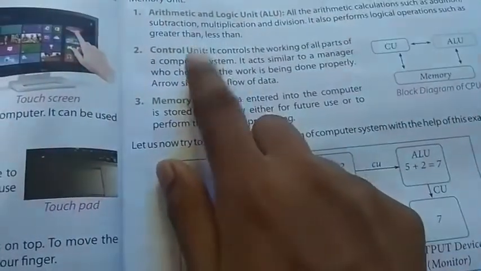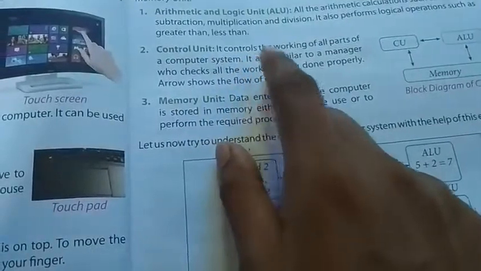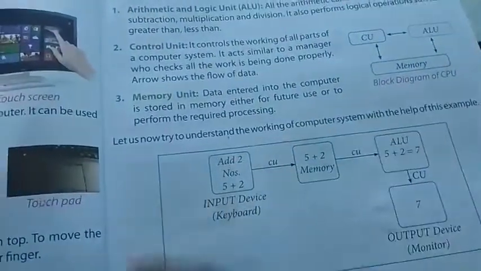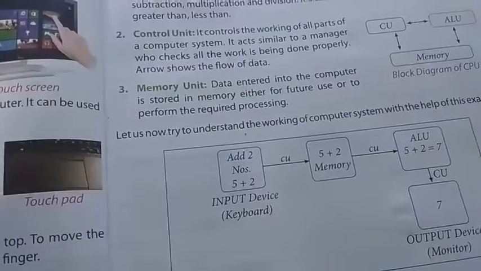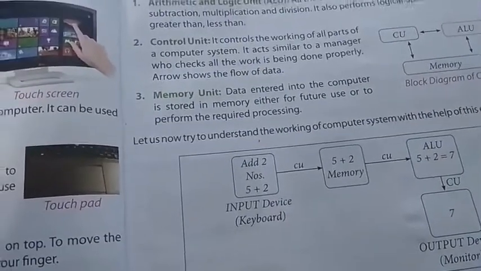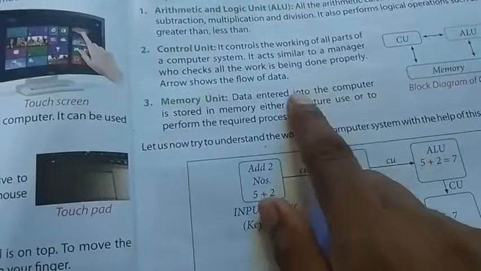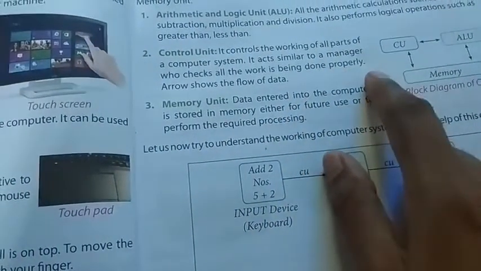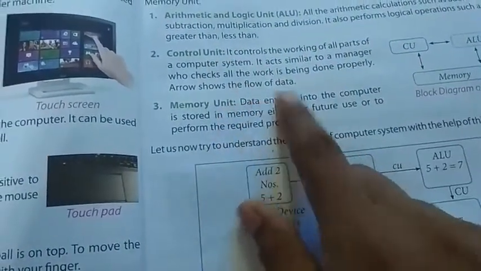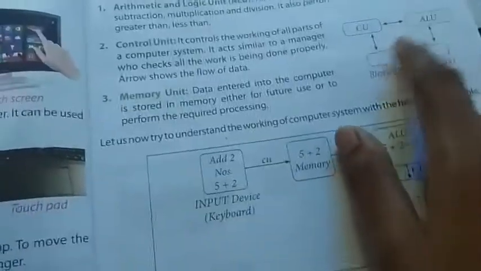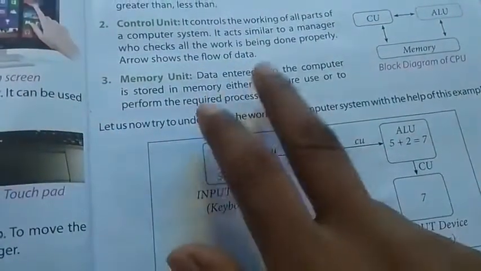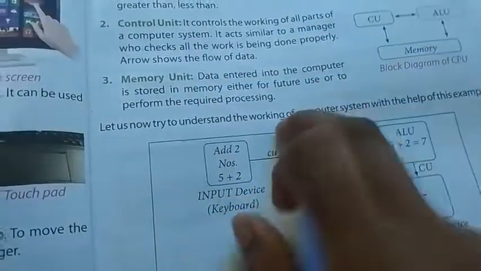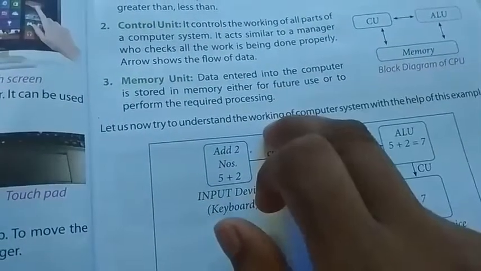Control unit means it controls all the parts of the computer. It works as a manager who checks all the work is being done properly. Arrow shows the flow of data, just like that. In memory unit we can store our data or our memory.